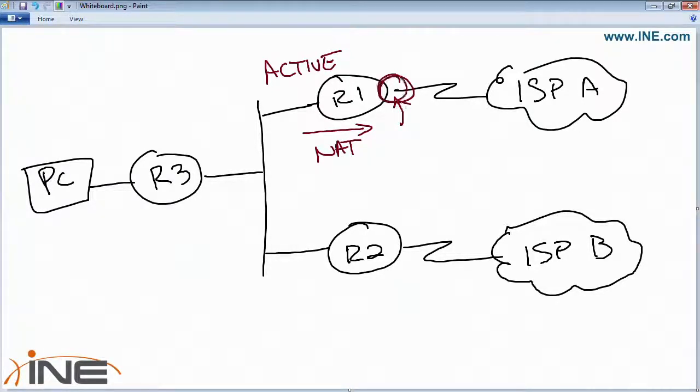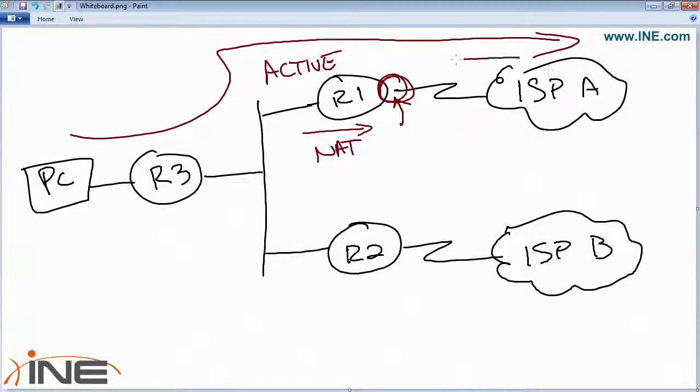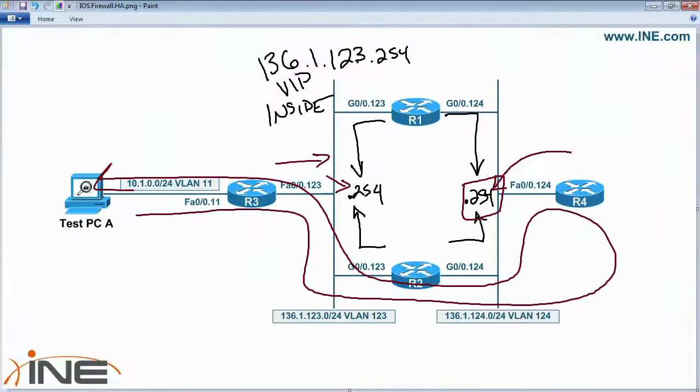As long as this IP is not being advertised in that direction to ISP-B, then it always implies that when the traffic leaves that way, it's always going to come back in that way. But in our case, it's a little bit more complicated because we have the inside and the outside LAN segment. So we always need to make sure that when the traffic leaves from 2, it has to come back from 2.